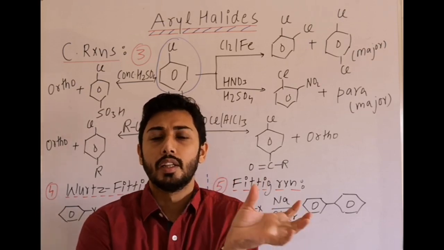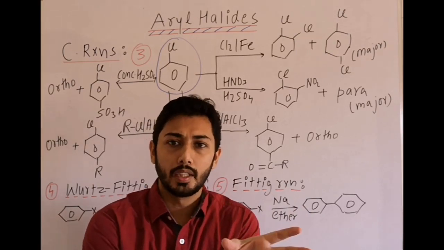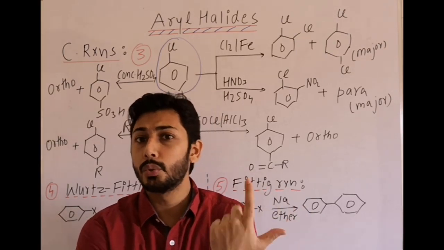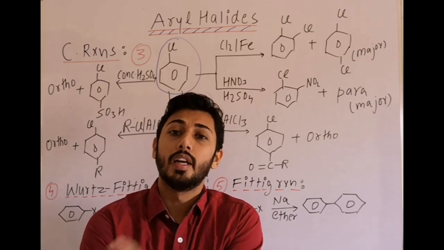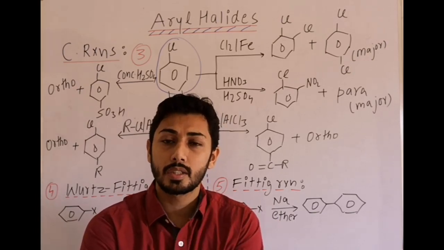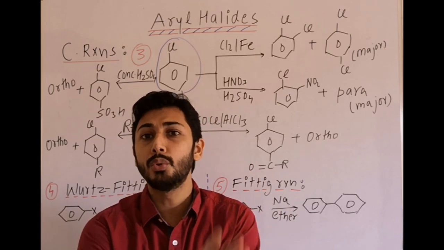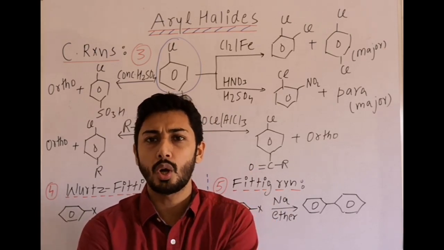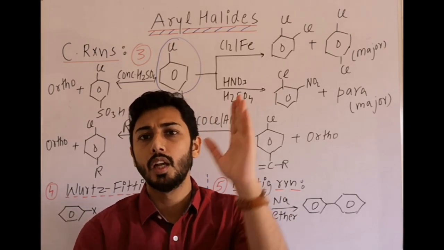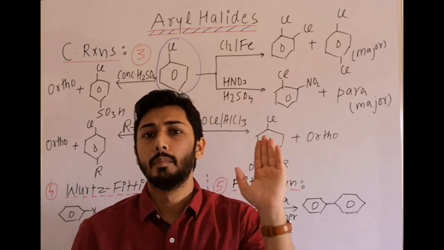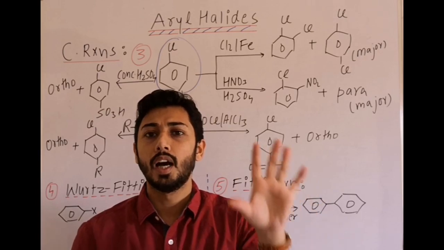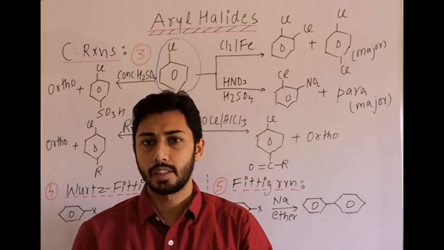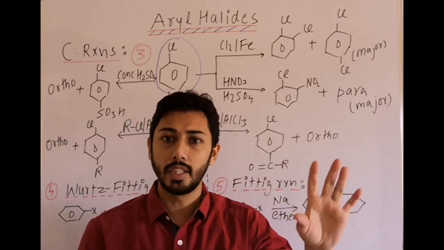So here they are directing the electrophile towards ortho and para position due to the resonance effect or plus M effect, but they are less reactive than benzene due to the minus I effect. So in short, remember: halo groups are minus I dominating as compared to their plus M, halobenzenes are ortho para directing, and halo groups are deactivating.